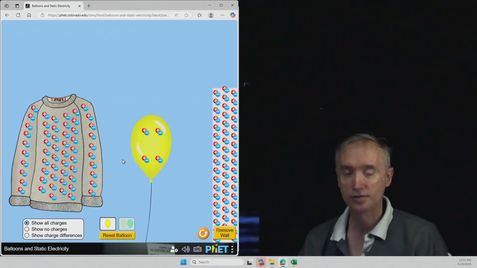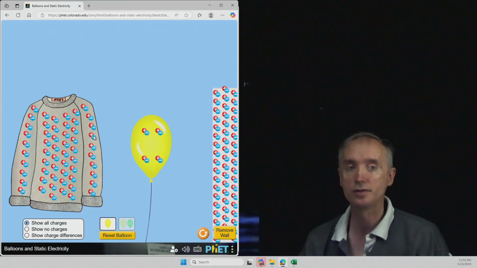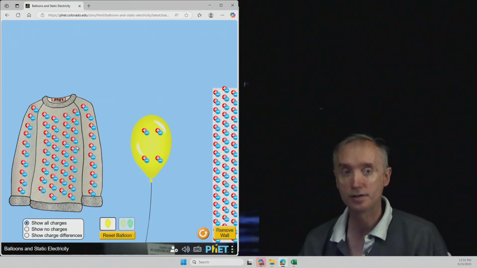Now, one thing about this is that these are non-conductors. So a conductor is a metal. It allows electricity to flow through it. But these are non-conductors. So this means that the electrical charges can be separated, but they don't flow through the material.